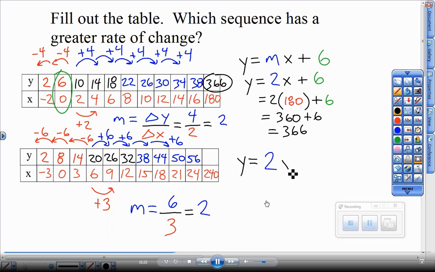And that gives me 2x plus, and then the y-intercept number is 8. And then when I plug that in, 2 times 240.